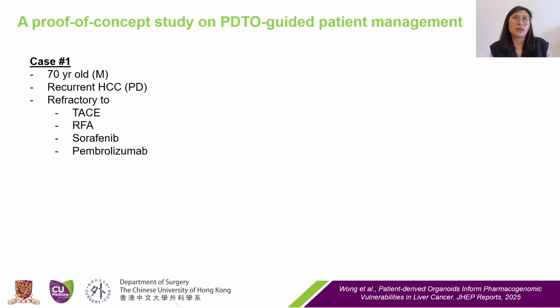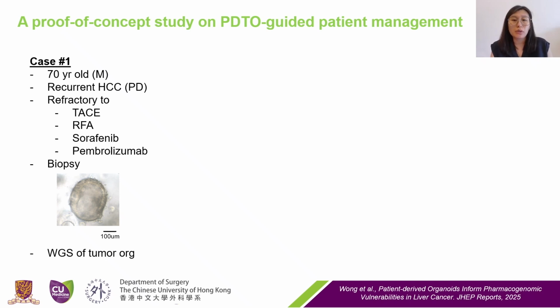He was heavily treated, and unfortunately he was refractory to basically everything. He had transarterial chemoembolization, radiofrequency ablation, as well as the first-line systemic treatment and even immunotherapy. This is what his organoid looks like in culture.